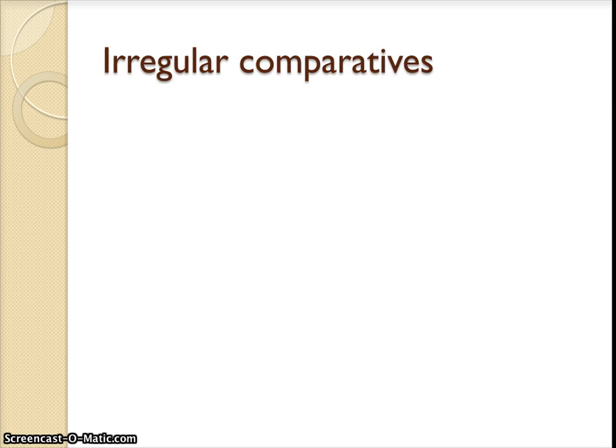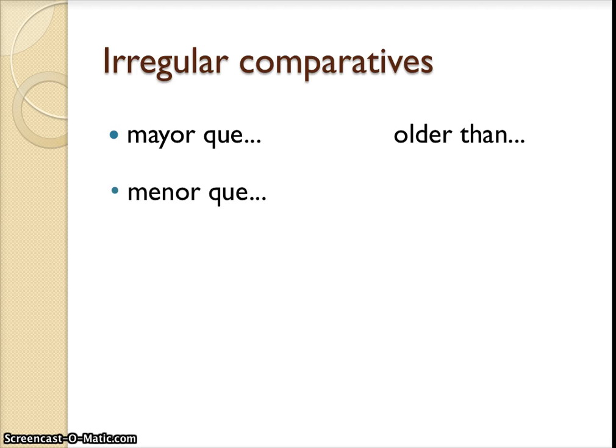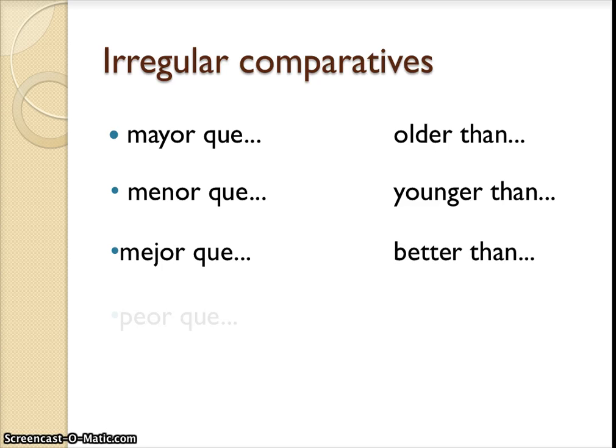Y como siempre, and like always, we have some irregulars. We have mayor que, older than, menor que, younger than, mejor que, better than, peor que, worse than.